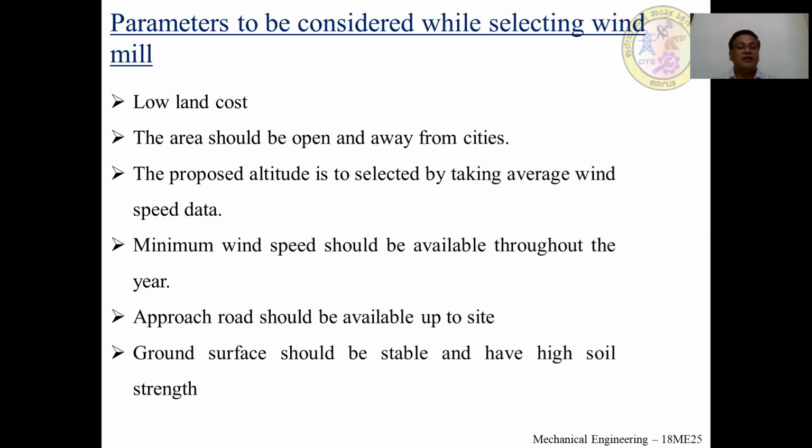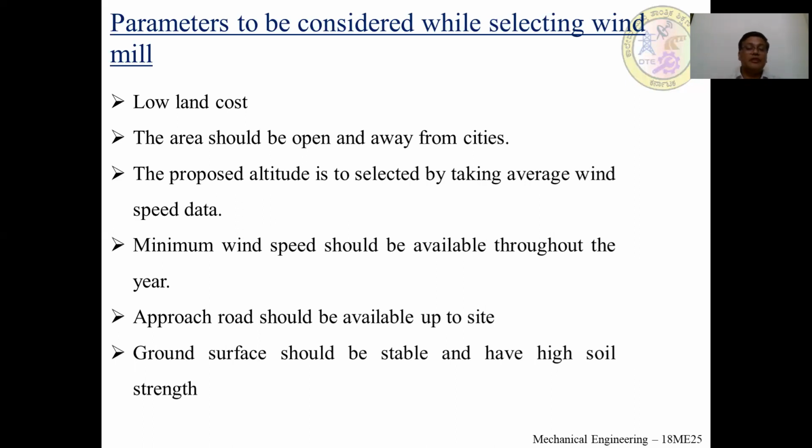Okay, and before selecting that place or site, we need to do a geographical study as well as a meteorological study. And the next parameter is the proposed altitude, which is selected by taking the average wind speed. On what altitude you are placing the rotor and fixing the tower.